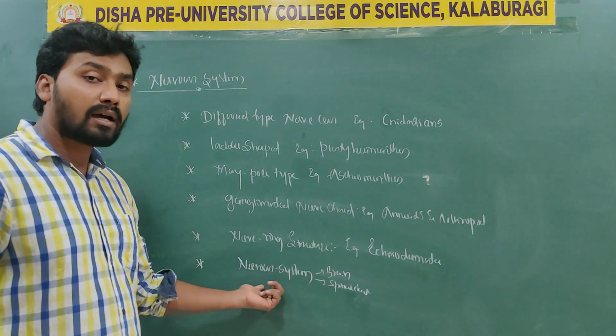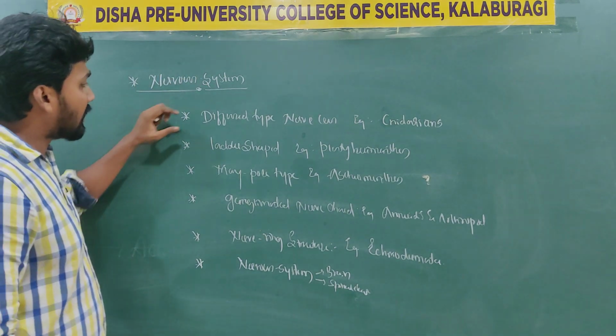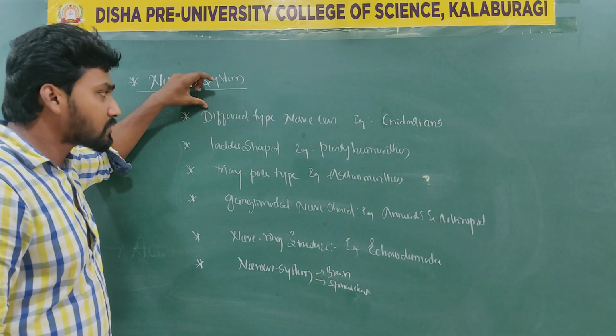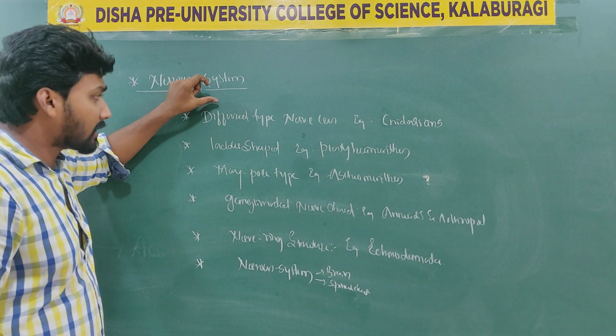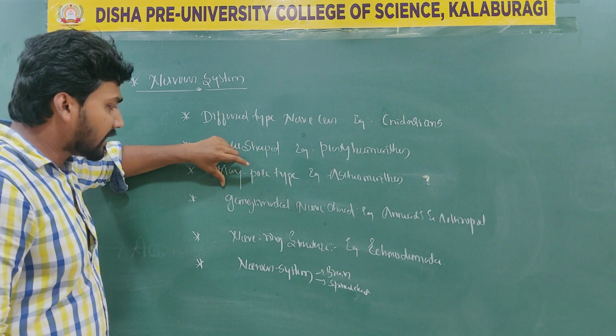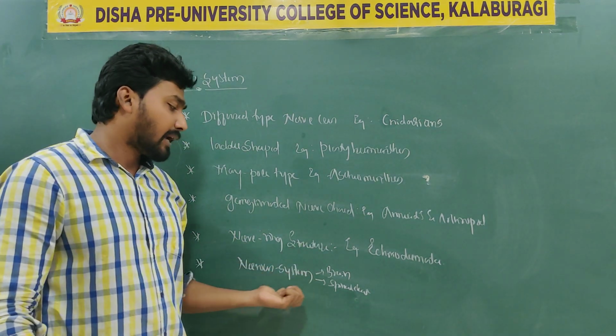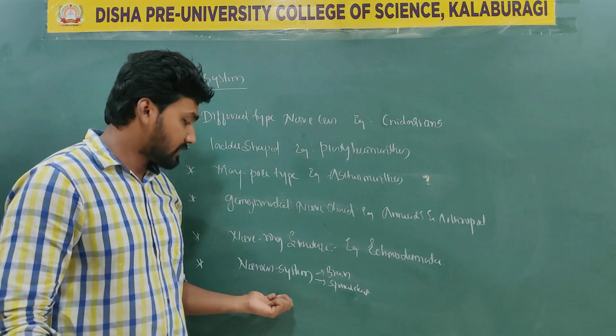So that is seen in the vertebrates. On the basis of nervous system, animals are classified as diffuse, ladder shape, maypole type, ganglionated nerve cord, nerve ring-like structure, and well-developed nervous system.